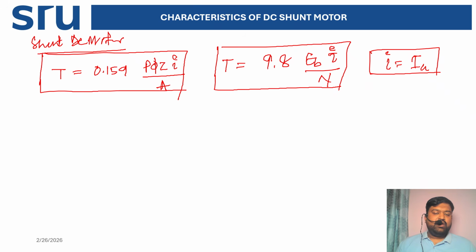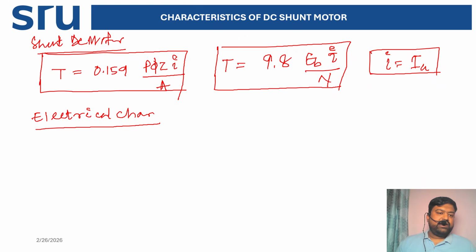Now from this, first we'll derive one condition of the electrical characteristics, the torque versus armature current.